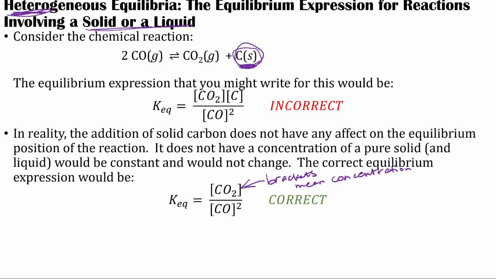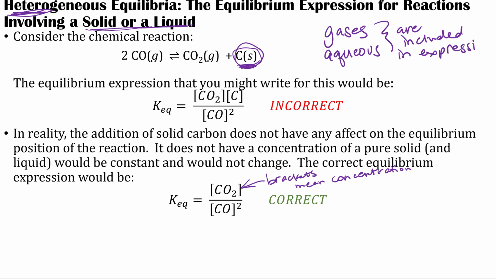So anytime there is a solid or anytime there is a liquid, you're going to avoid putting those in there. The only substances that are included in equilibrium expressions are gases and aqueous substances, because those have molarities that we can use in the calculation. So these are included in the equilibrium expressions, and those are the only ones.